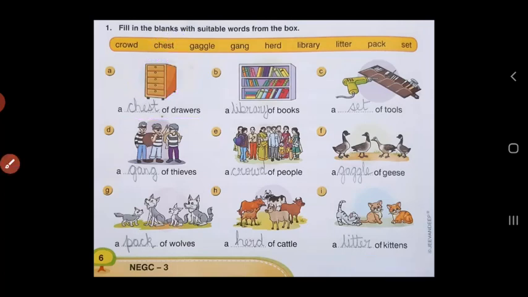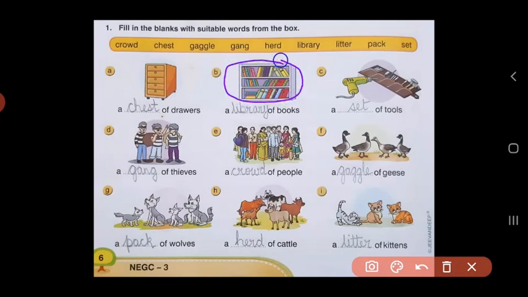Next, this you will know. Where do you go in your school where there is a collection of books you can choose from? What is that place called? Library. So, whenever books are kept together, we call it a library of books.